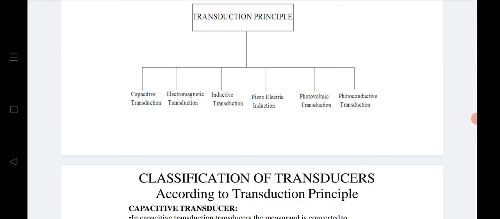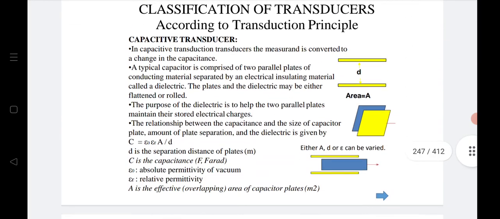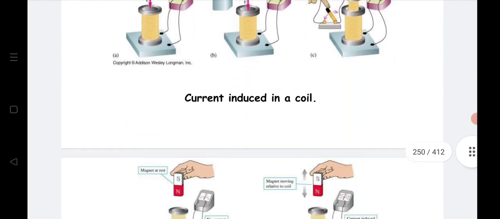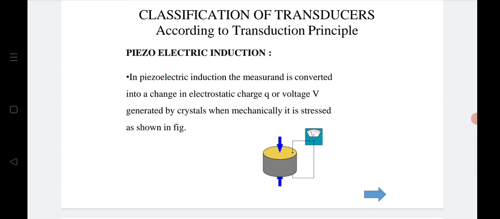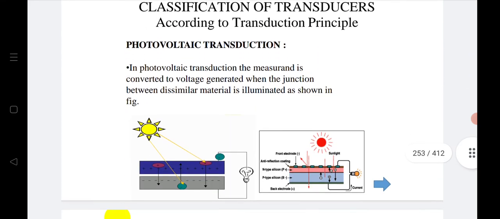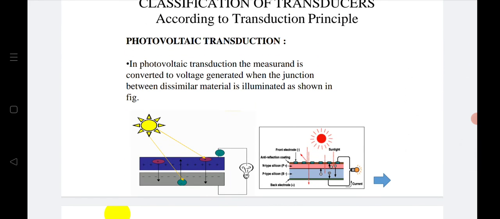Piezoelectric transduction: what is it? When a mechanical input is given, the output will be electrostatic charges or voltage V. Photovoltaic transduction is where the input is light, and based upon this input, the output is the change in the voltage generated at the junction.